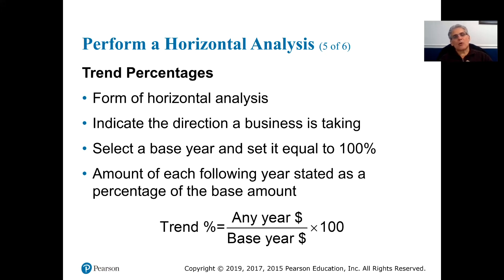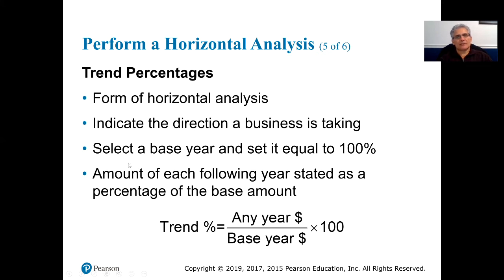Now, when we talk about horizontal analysis, we do like to perform trend percentages. And trend percentages are a form of horizontal analysis. They indicate the direction a business is taking.